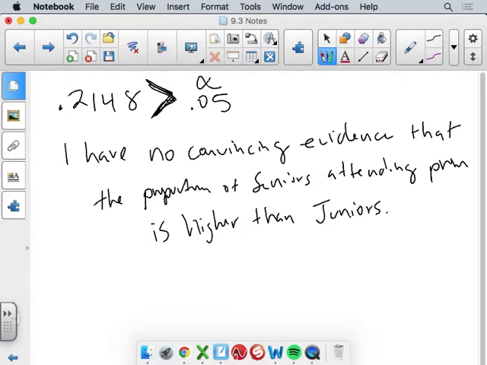So with that small of a sample size, that big of a difference of 8% more with seniors was likely enough to happen by random chance.